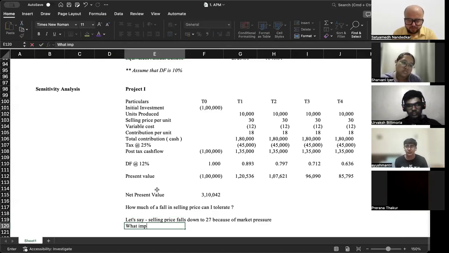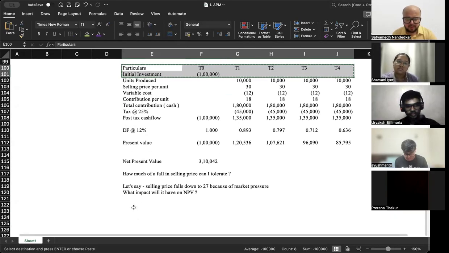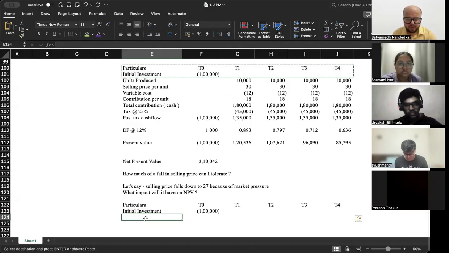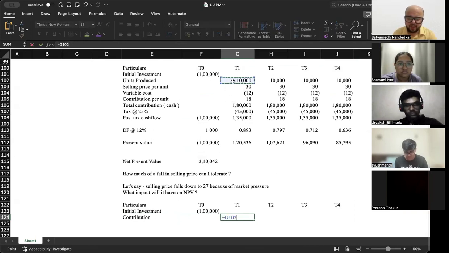What impact will it have on NPV? Okay. Initial investment, contribution. Contribution will be 10,000 into 27 minus 12.